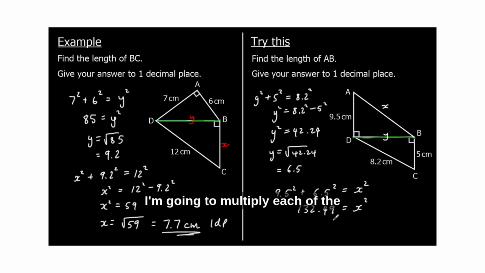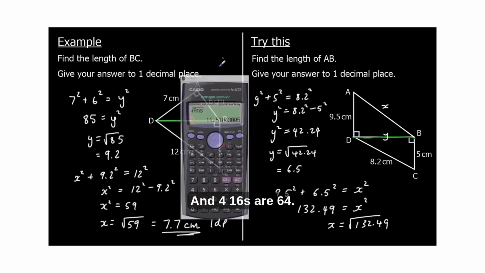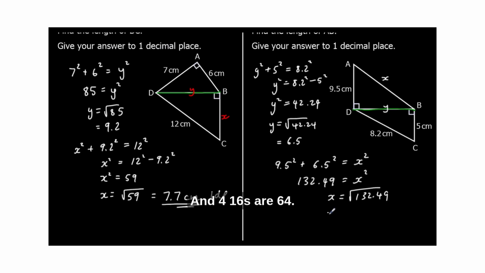To get x by itself, square root both sides. So we're going to square root the answer. And to 1 decimal place, we've got 11.5. So x is 11.5 centimeters to 1 decimal place.